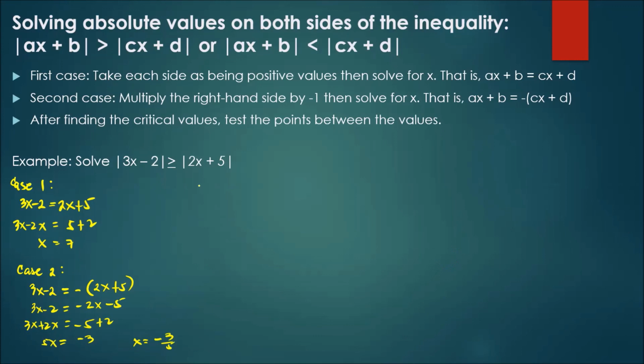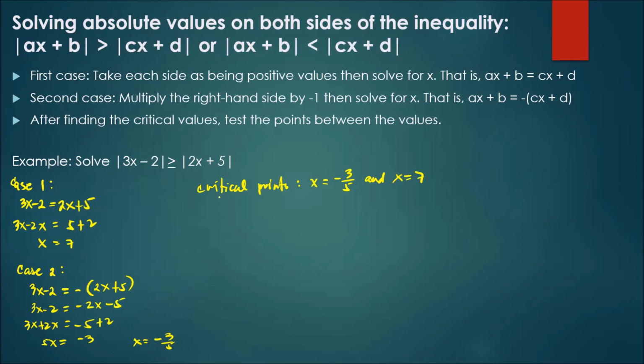Therefore, the critical points are x is equal to negative 3/5 and x is equal to 7.